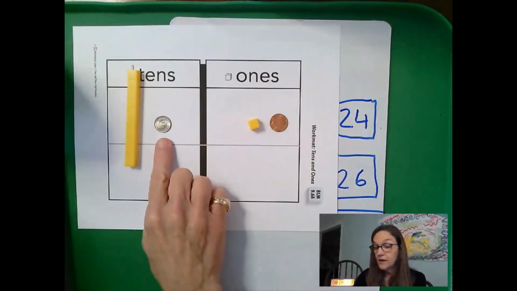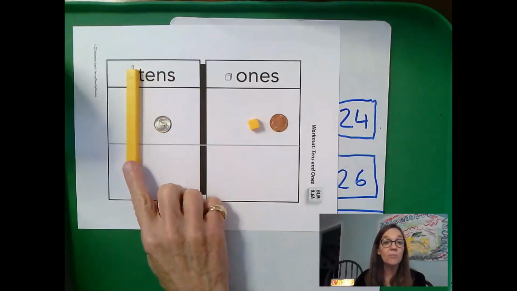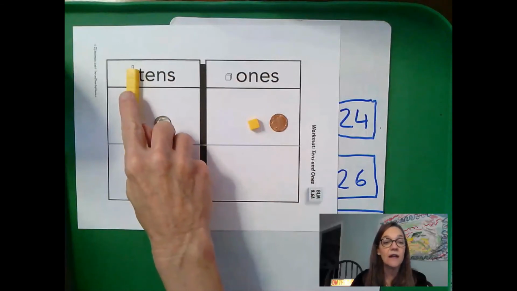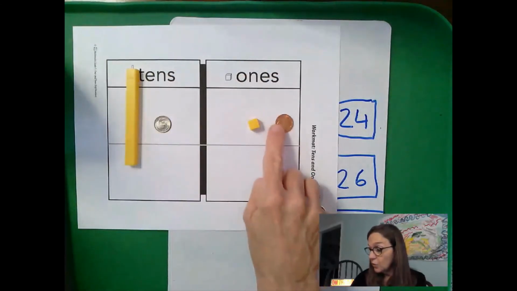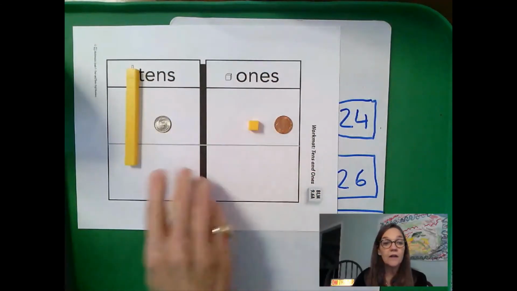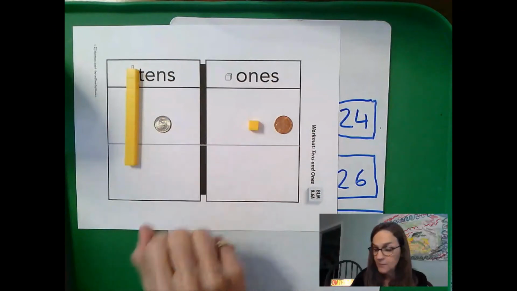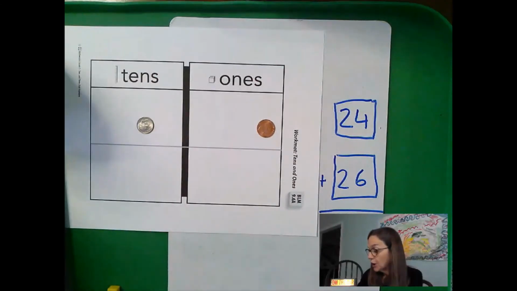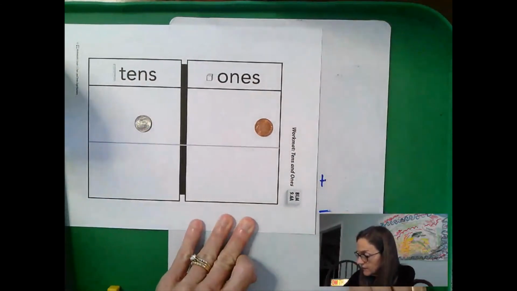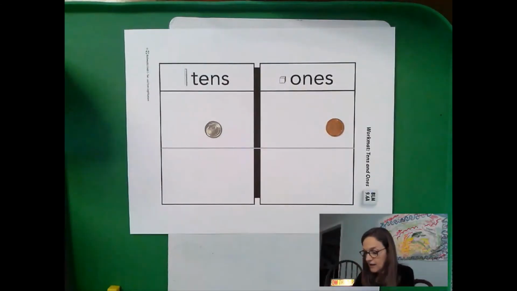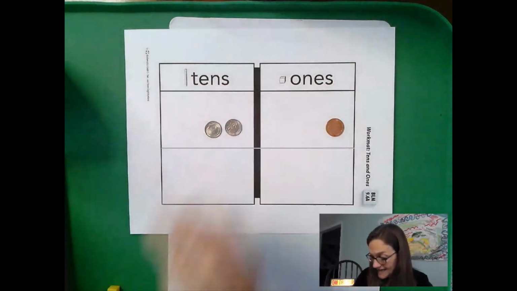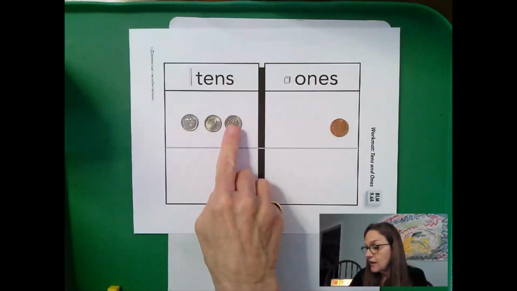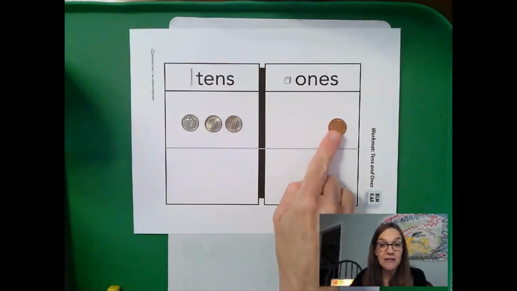How are these two things the same? Because a dime is 10, and this represents 10. 1, 2, 3, 4, 5, 6, 7, 8, 9, 10. This is 1, and this is 1. So it's essentially the same thing. So if I asked you to make the number 34, you would need 3 tens, because a dime is the same thing as 10 pennies.